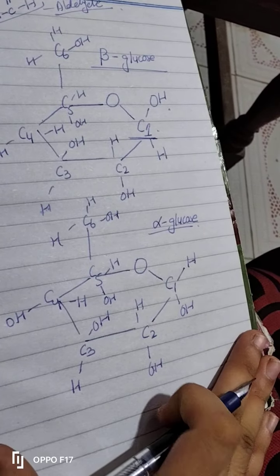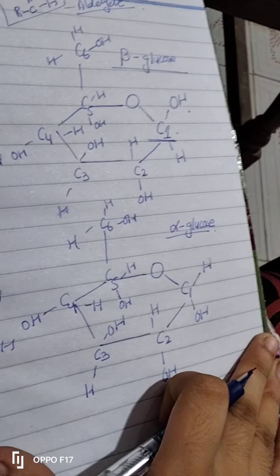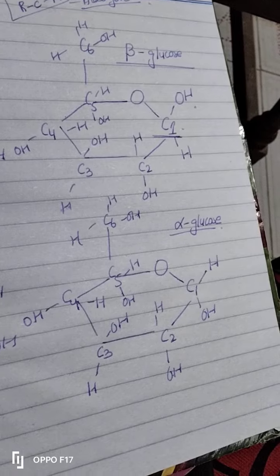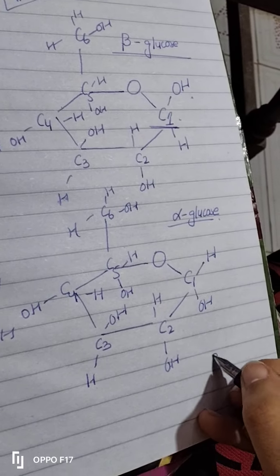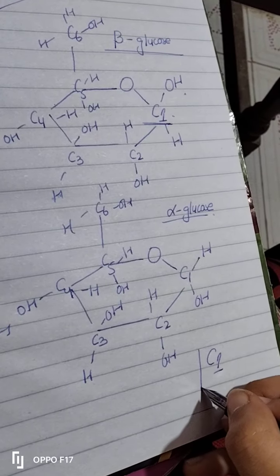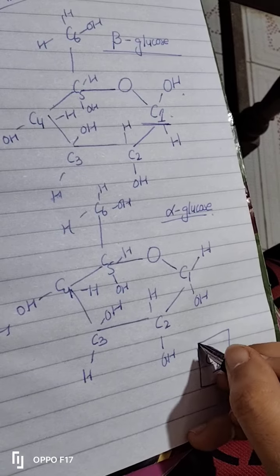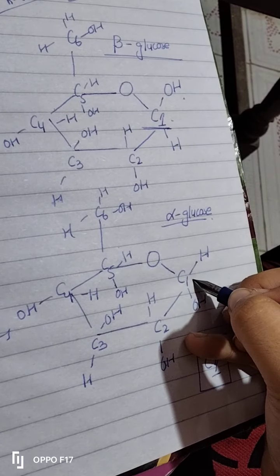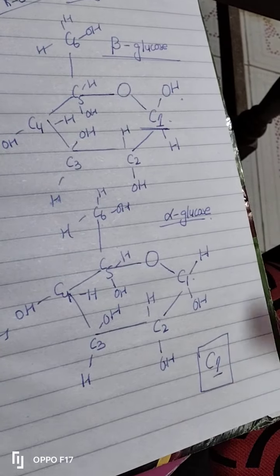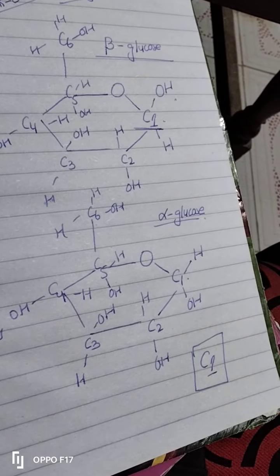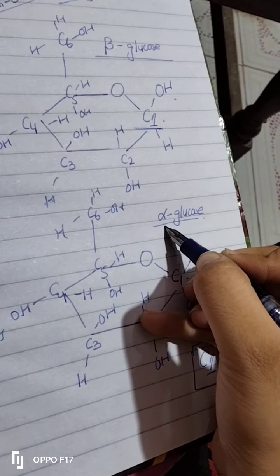So all the carbons will have the same OH and H, but they will only change at carbon number 1. So when at carbon number 1, OH is on the downward side, it is known as alpha glucose.